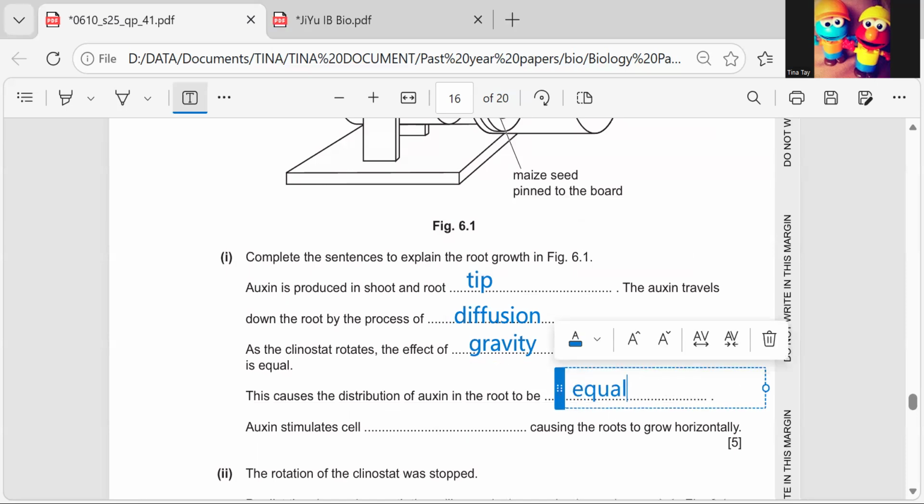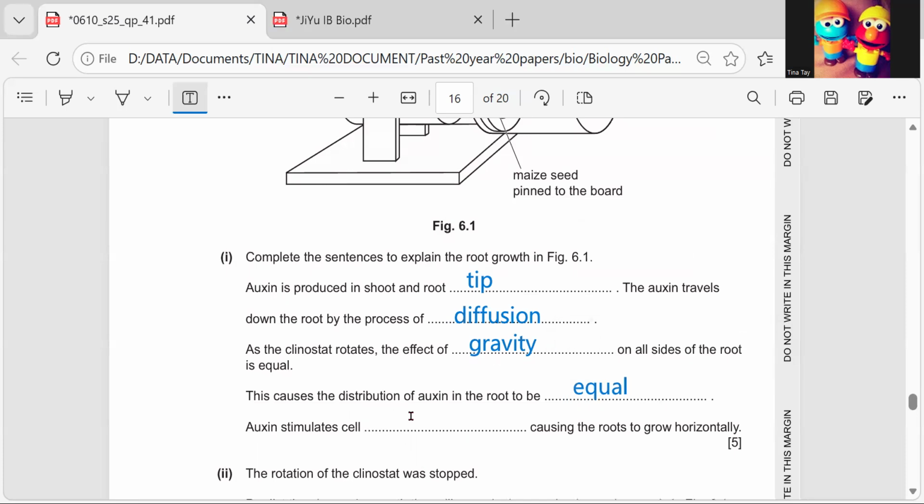Auxin stimulates cell elongation. 1 out of 5. Not bad. No, translocation. Okay, you wrote translocation. All right.